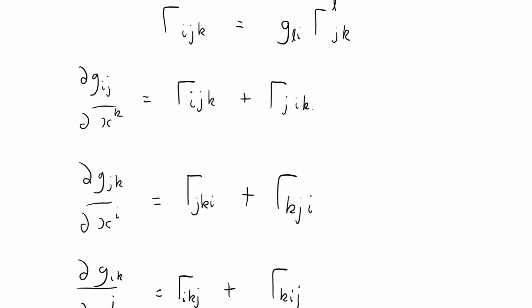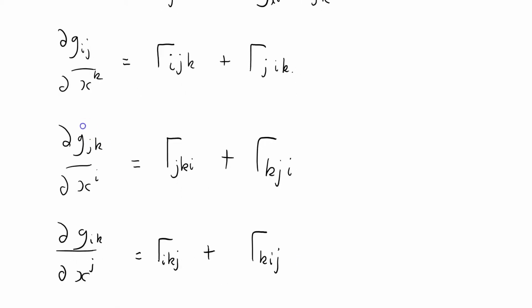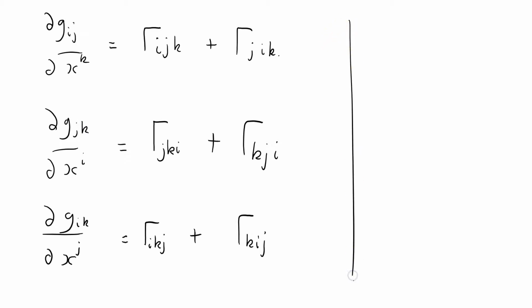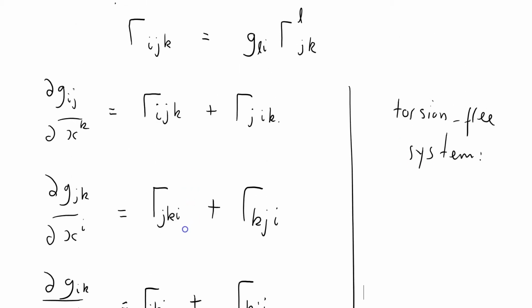Now what I'm going to do is make an assumption which is not controversial exactly, but I'm going to say that we're going to work on a torsion-free system. So I'm effectively going to assume that gamma of ijk, actually I'll write it down for the symbol of the second kind.